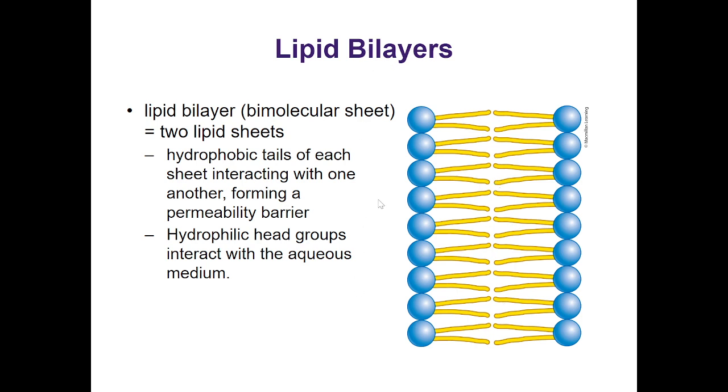So remember, both sides will be water, some sort of water solution. And so this right here is what creates that semi-permeable membrane. The hydrophilic head groups will interact with the aqueous medium. Your hydrophobic tails point into each other and create this separation. Anybody have any questions about that so far?